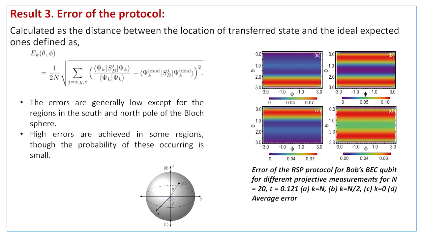But if I analyze the corresponding probabilities, they are quite low. So in the average error calculation, if I properly weight with the probability with which these outcomes occur in the protocol and multiply with the corresponding error, then it will take care of that.